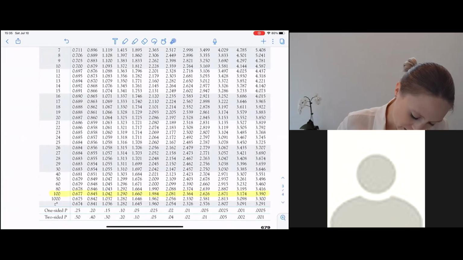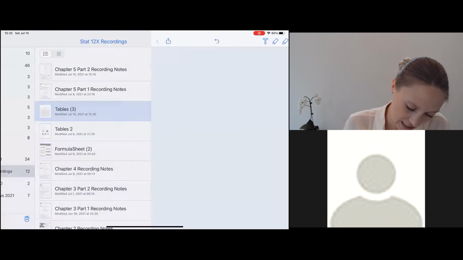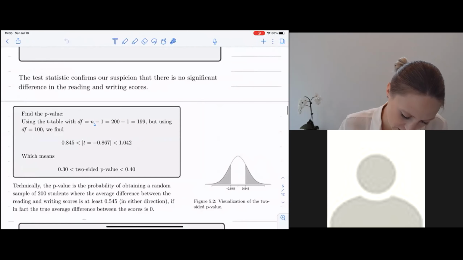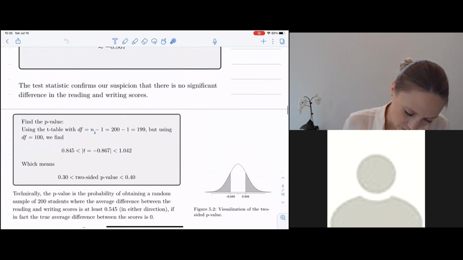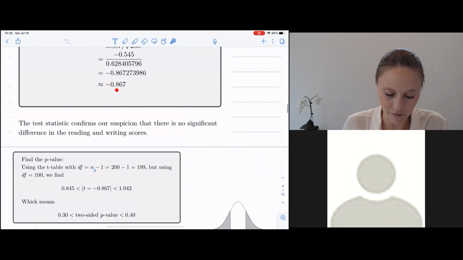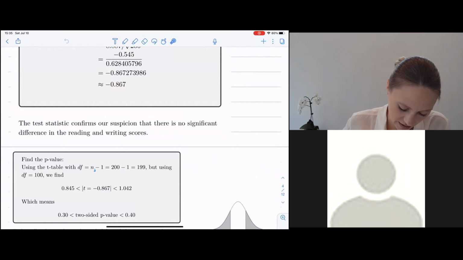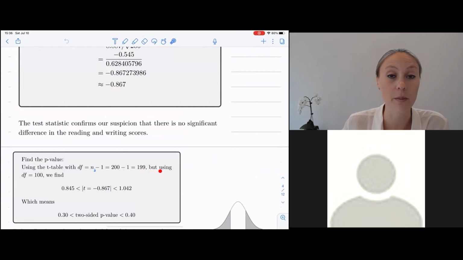Okay. Then we try to place our calculated t, which was this -0.867. Okay. So notice here, I've got 199 degrees of freedom, but using degrees of freedom equal to 100, we find that our calculated t, which is this guy up here that we calculated, -0.867, but the absolute value of that, so I drop the negative.